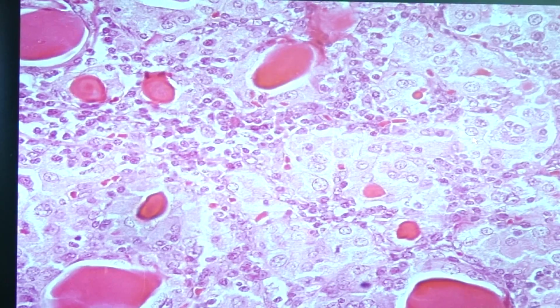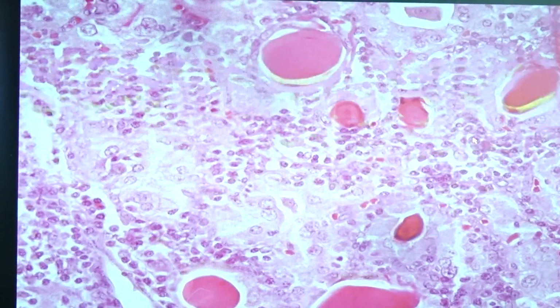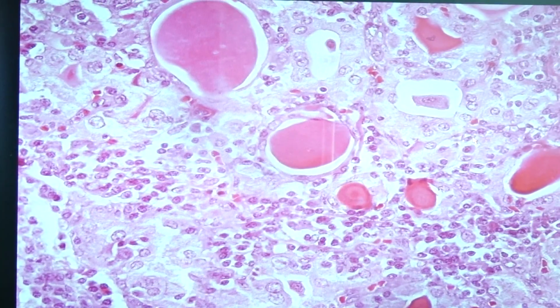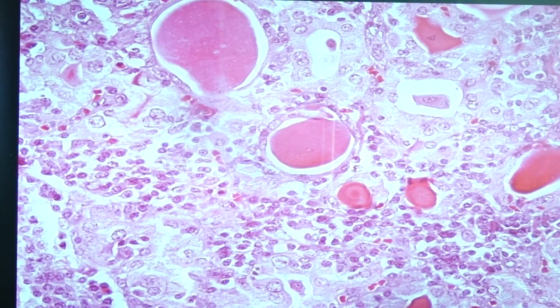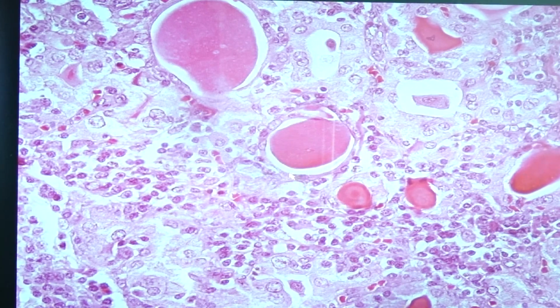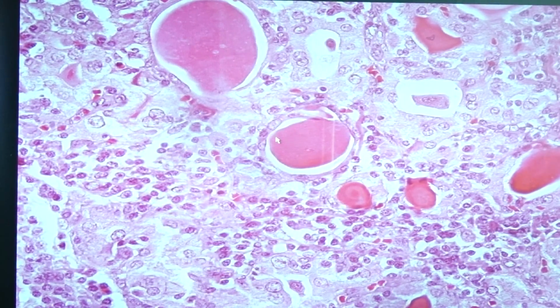These are what we call Hürthle cells. Okay, but in some of the follicles, like this one, the cells here are regular looking, but they are flattened. So that's a sign of atrophy. When you see that the cuboidal cells are flattened already, it's a sign of atrophy. Okay, so this is Hashimoto's thyroiditis.